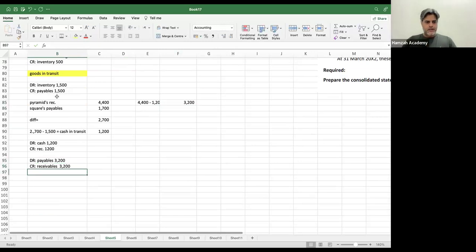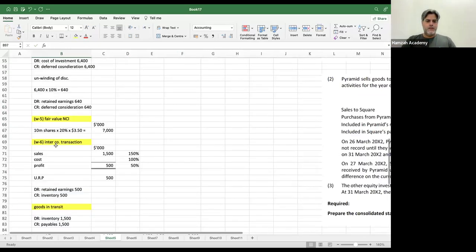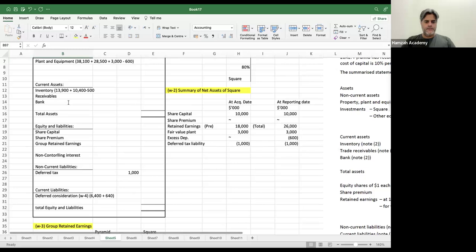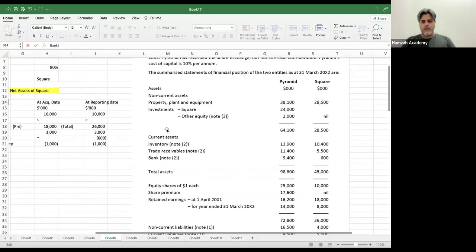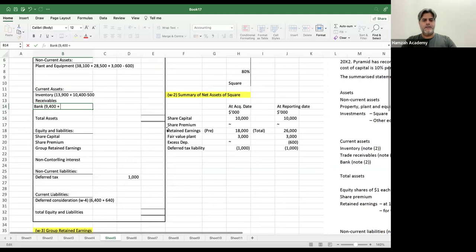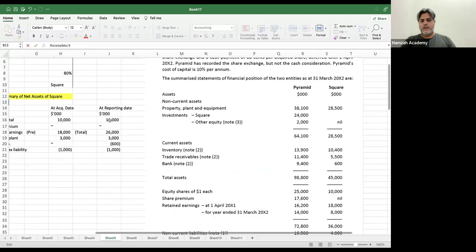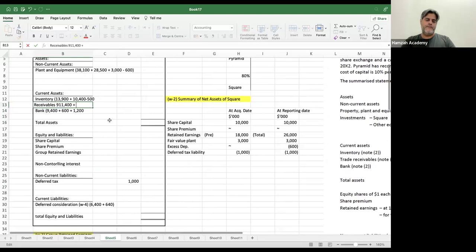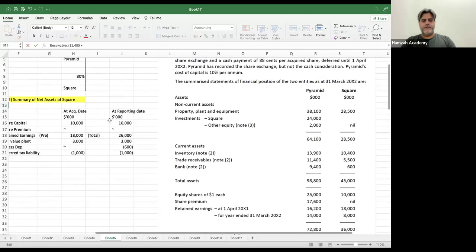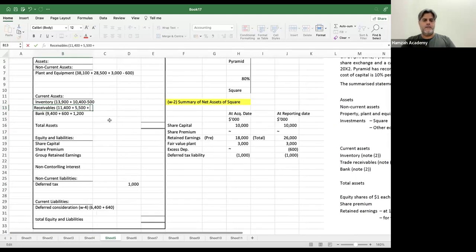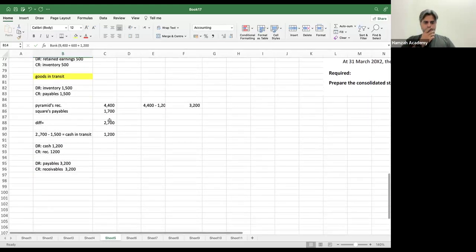We have recorded this one. Now we have to record just cash and the receivables over here. So I'm going to debit the cash over here, 9400 and 600, 1200 over here. In the receivables, I'm going to go 11,400, 5500 minus 1200, right?